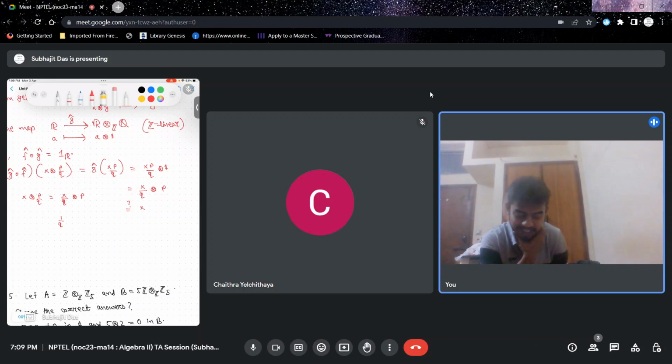So what I was thinking is it's a Q module on both sides. I mean, it's a Q bimodule. It's a left Q module as well as a right Q module. So probably I could take 1 over Q times X tensor P and then take it to the other side. But that is not right away correct. So anyways, let's give it some time.